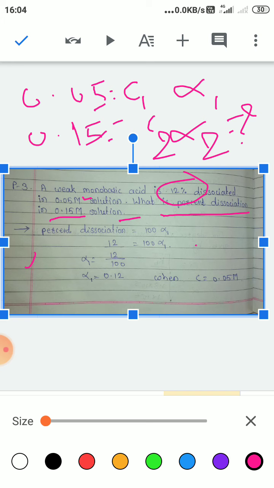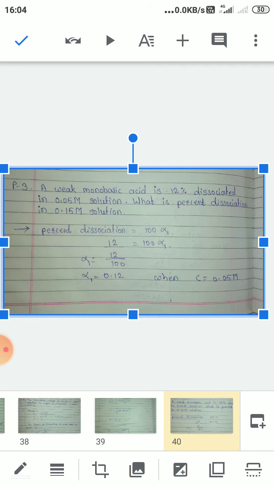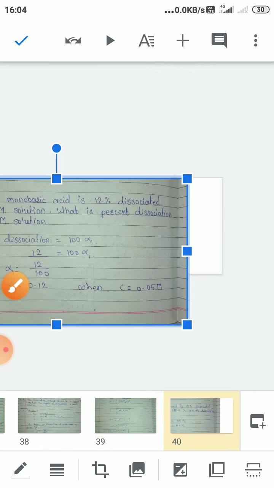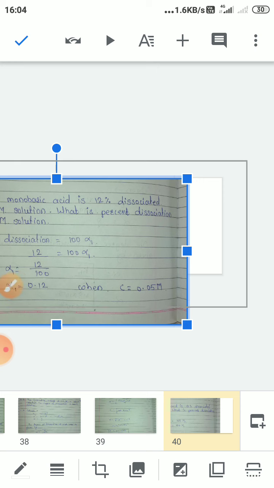Therefore the degree of dissociation for the first solution is equal to 12 upon 100, and we will get the value of alpha 1 is equal to 0.12, when the concentration of the solution is 0.05 molar.